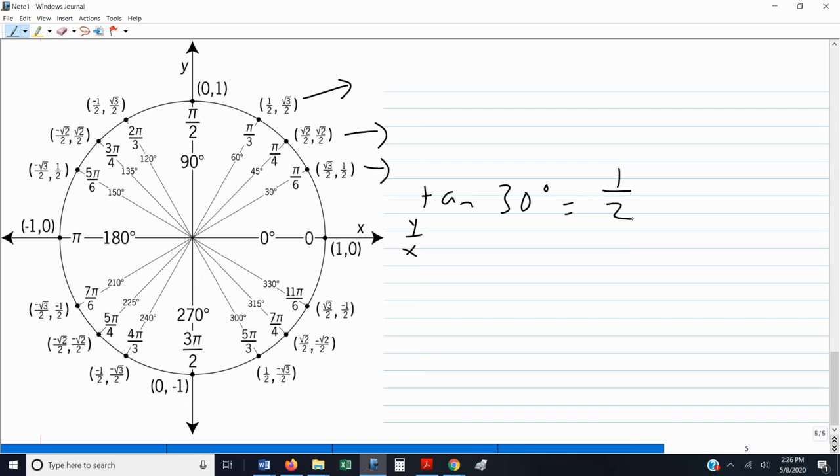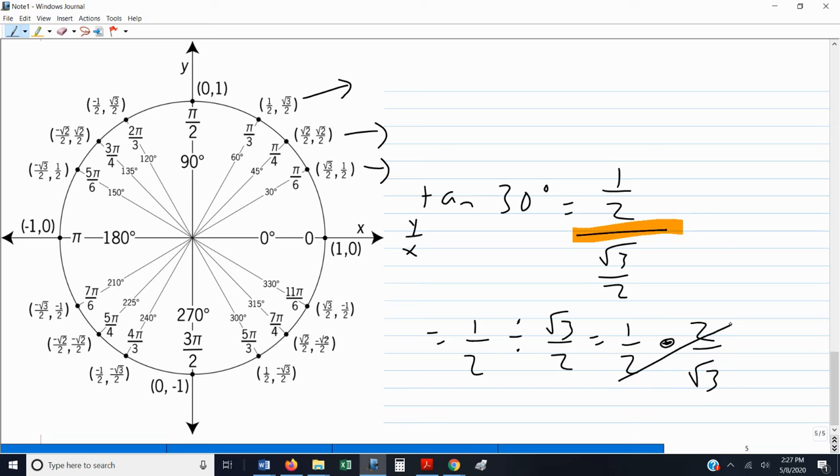So you have the y value over the x value. Remember that division bar? So 1/2 divided by √3/2. So this is a division bar, but it means the same thing as multiplying by the reciprocal. So the tangent of 30 is 1 over root 3.